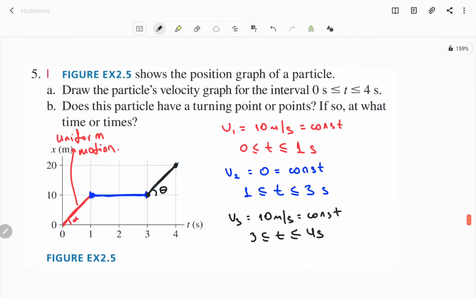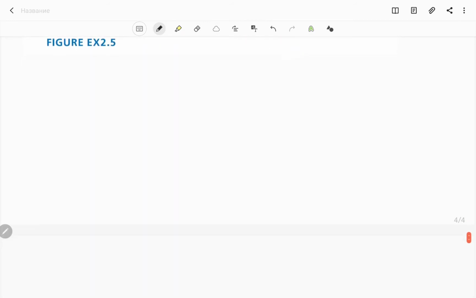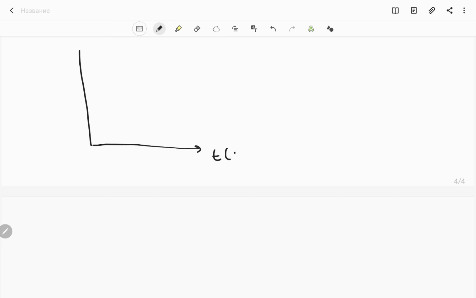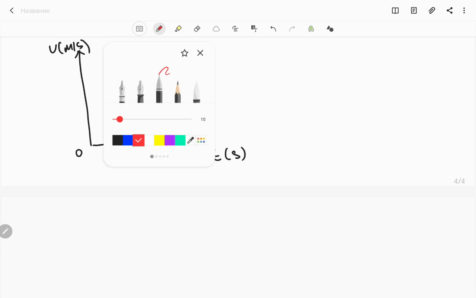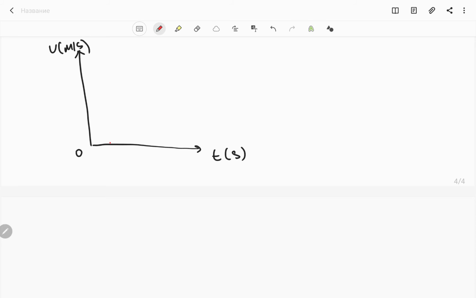So how can we now draw our velocity time graph? Time in seconds, and here we have velocity in meters per second. This is 0 for velocity and time. Here 1 second, 2, 3, and 4.